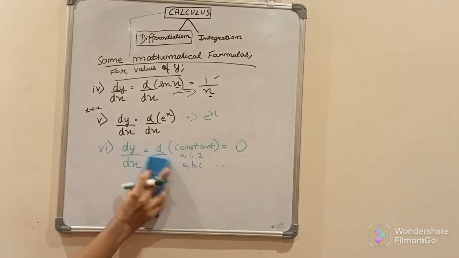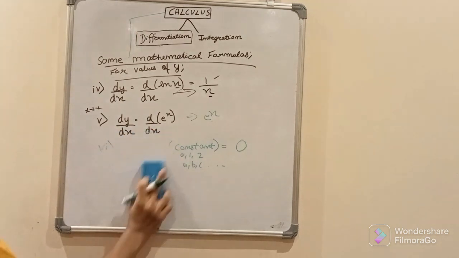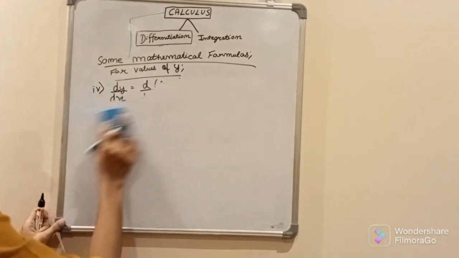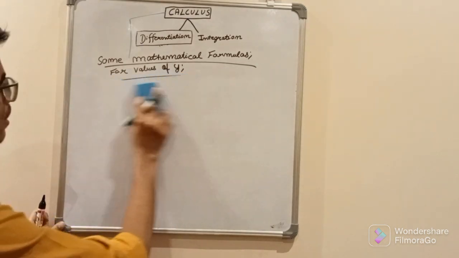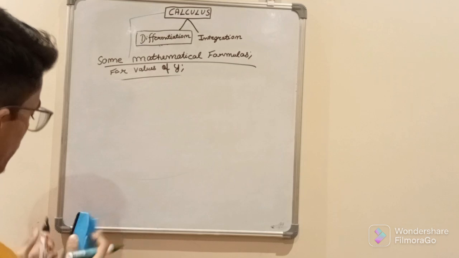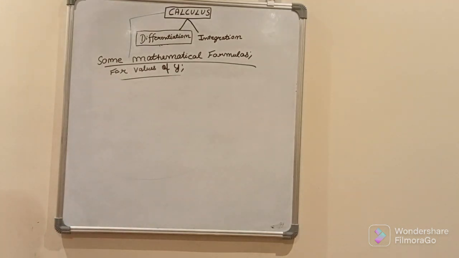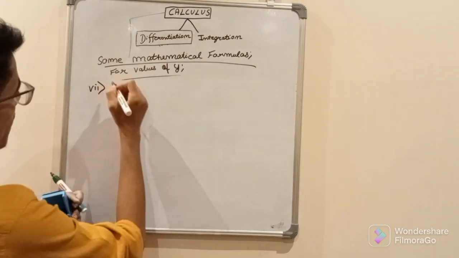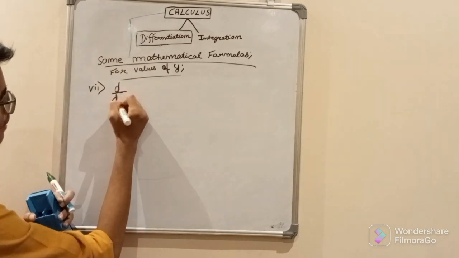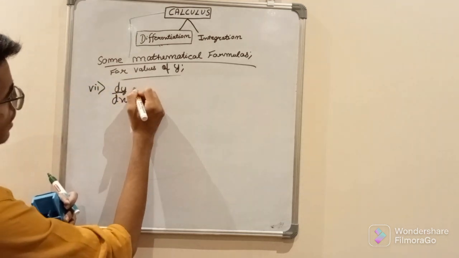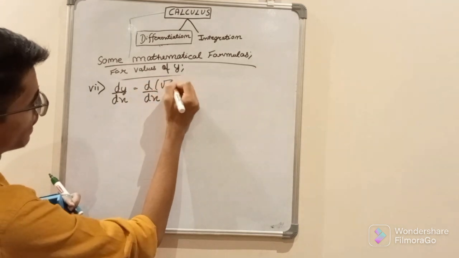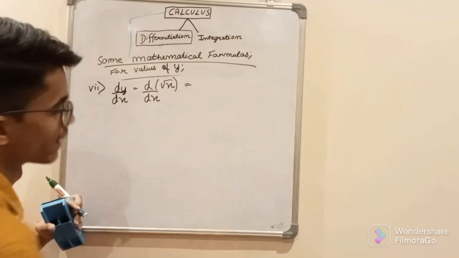Next, seventh, dy by dx, that is d by dx of, let's say, root x.